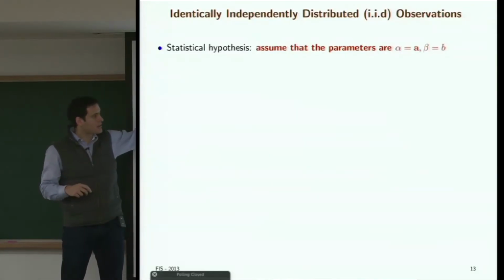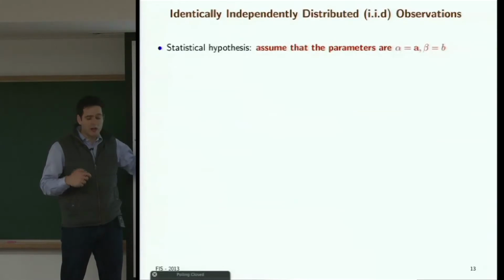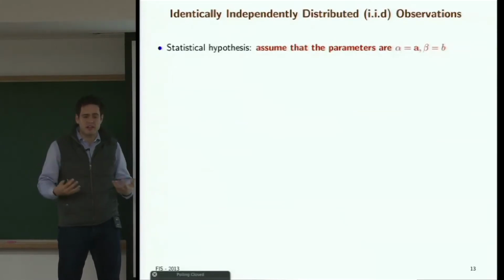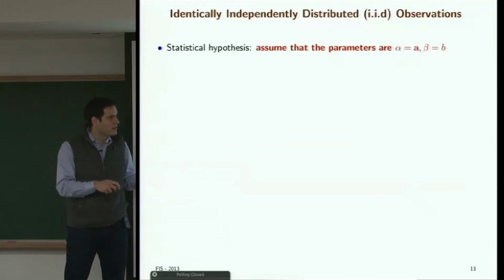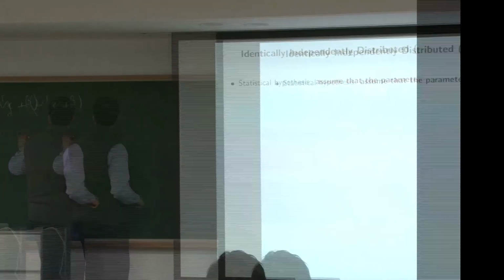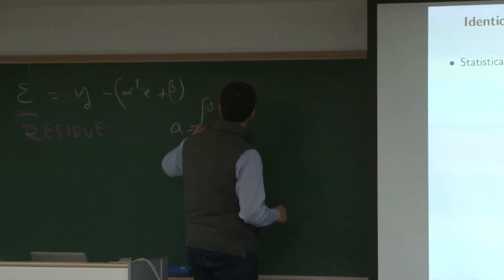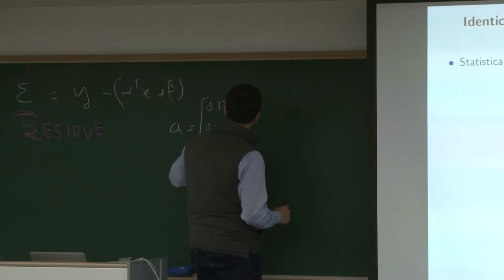So let's make the hypothesis that, well, I don't know alpha and I don't know beta, but let's assume for a second that they were actually generated with one value A and one value B that I know. Let's say A is equal to 0.15, and minus 3.5.